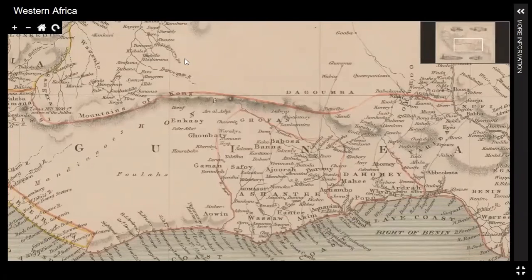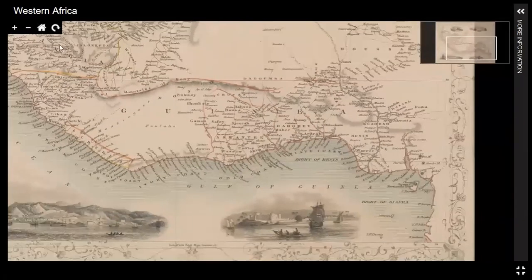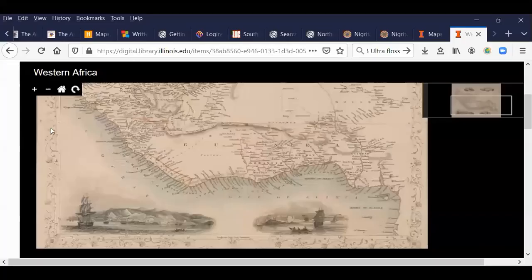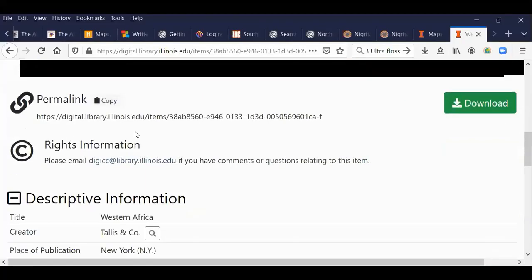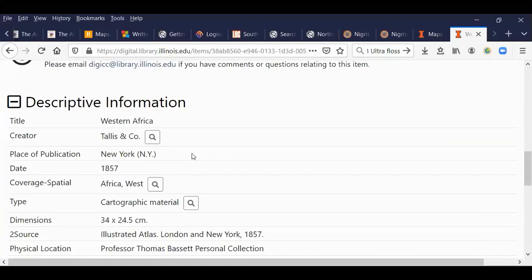If we go out to the metadata on this material and look at how it's being represented here, this is an 1857 map. Remember, we saw an 1815 map drawn in 1812 representing the mountains of Kong.